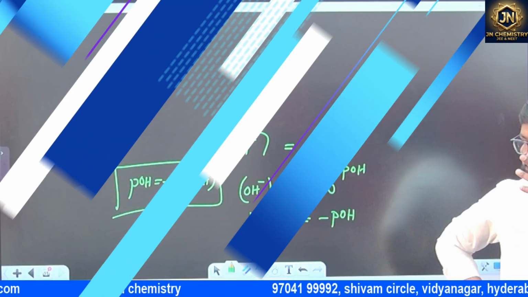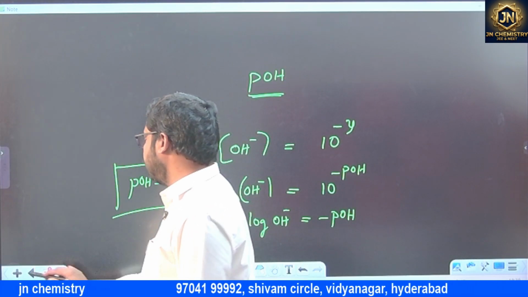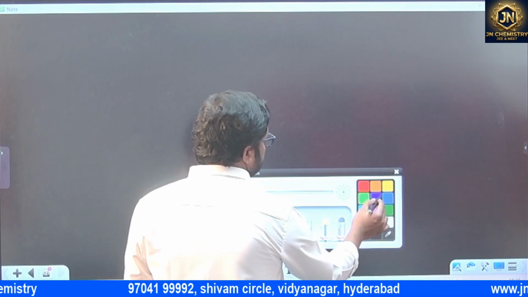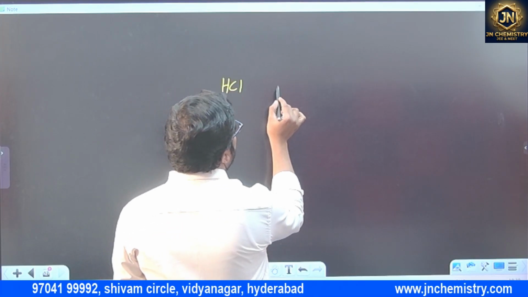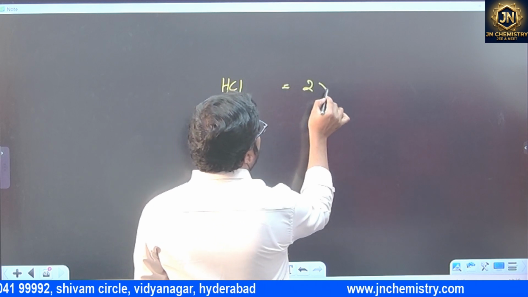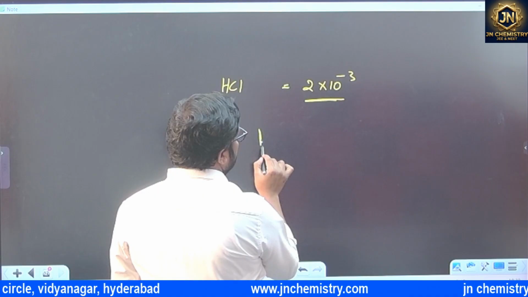Write it down. Here is a very important question I am writing for you. H plus ion concentration, for example of HCl or anything, is given as 2 into 10 to the power of minus 3. What is its pH now?